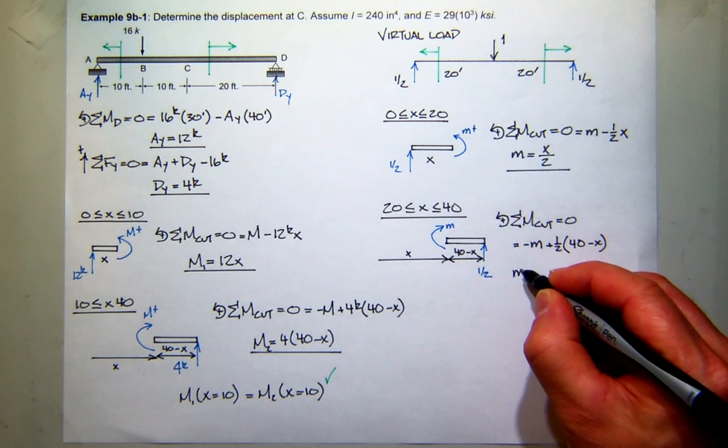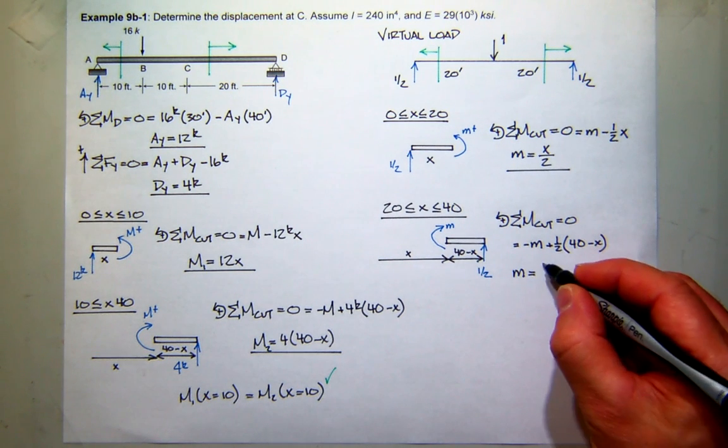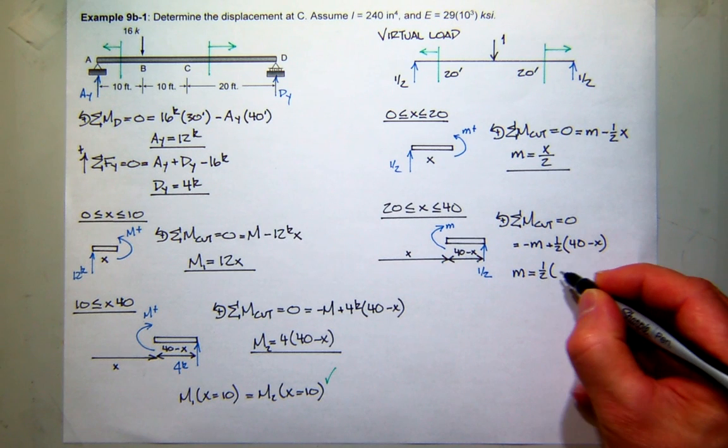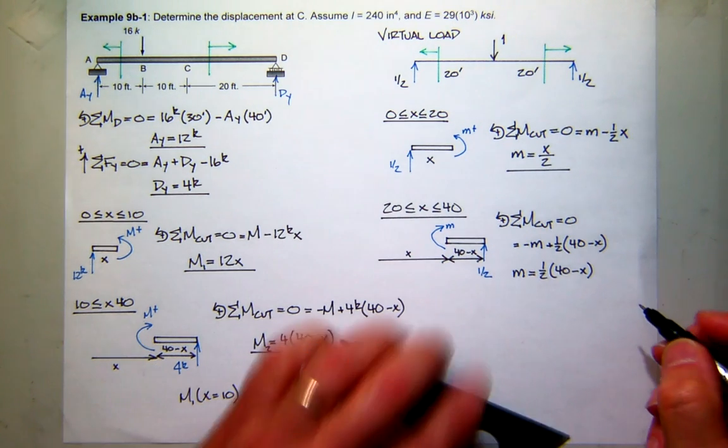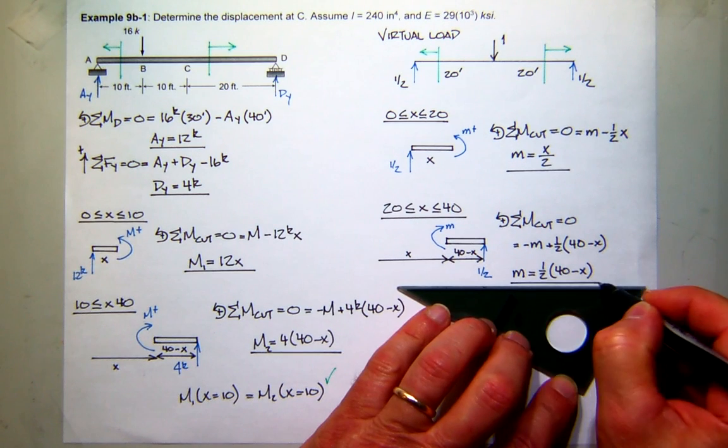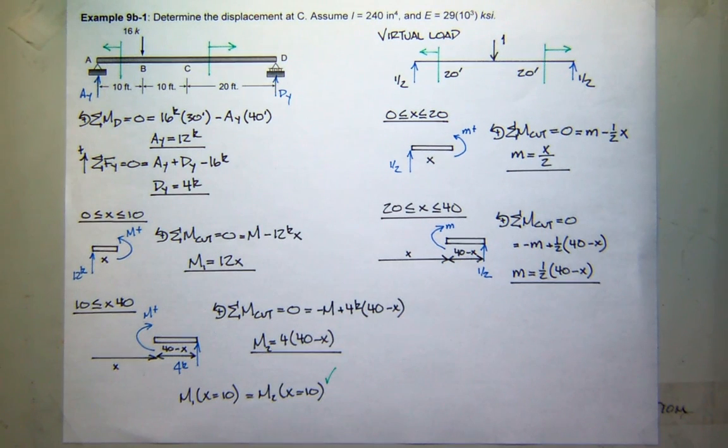So my internal moment is 1/2 times 40 minus x. So any questions about that? So now I just have to match them together.